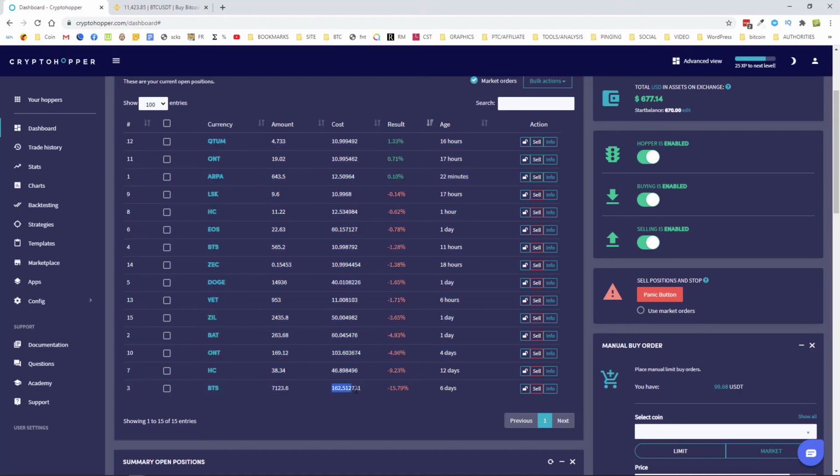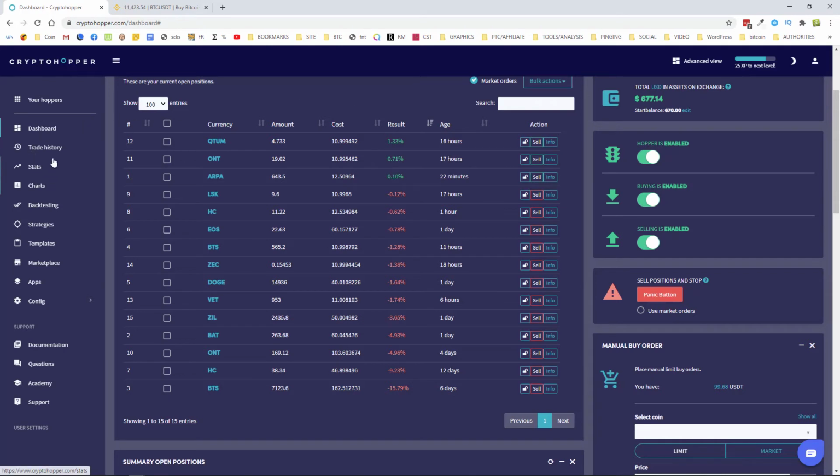So that's $162 worth of BTS coin there. And I have to wait for that to come back up into the green. All right. So while that's all happening, I've got all of these other little trades going on, $10, $12, $15, and they're making me little 1%, 2% profits every single day.